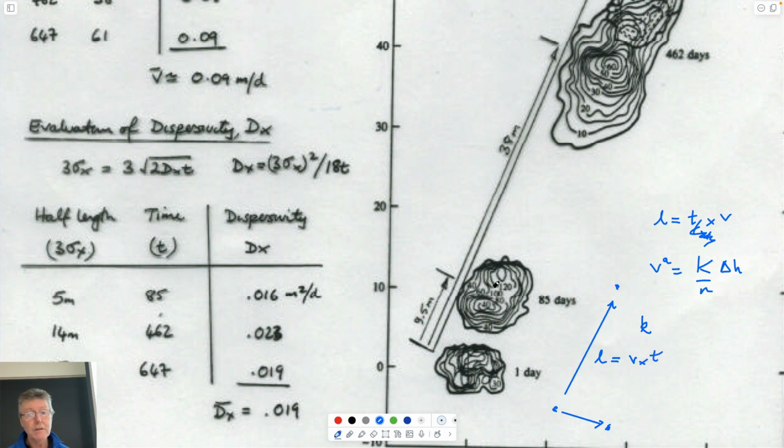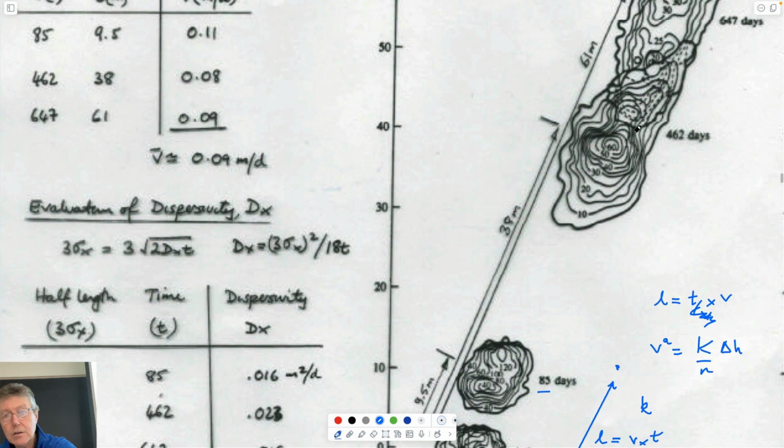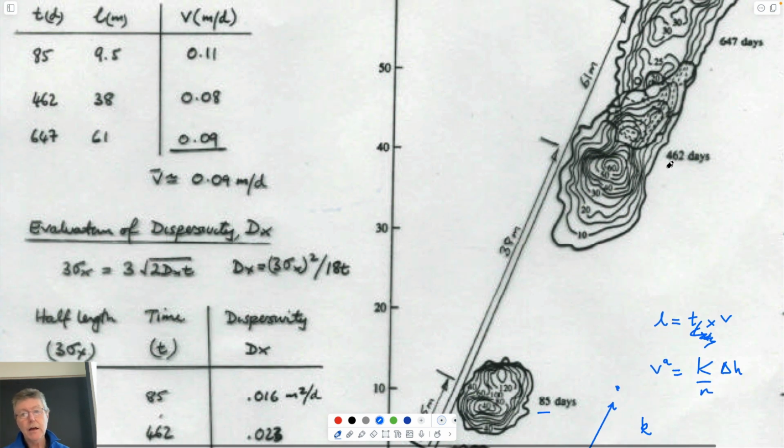So you start putting your tubes in the ground. You take your profile after 3 months, and then again after a year and a third, and then after a year and a half. And you'd get these profiles.